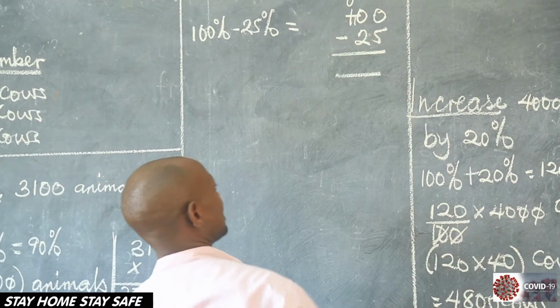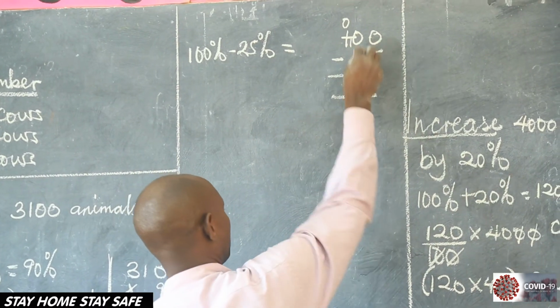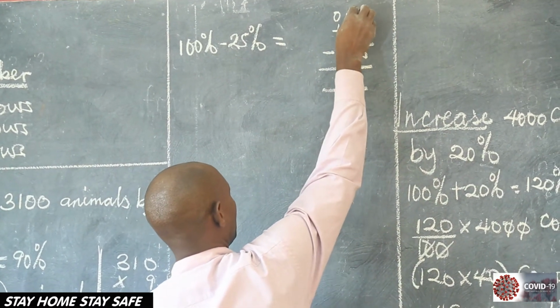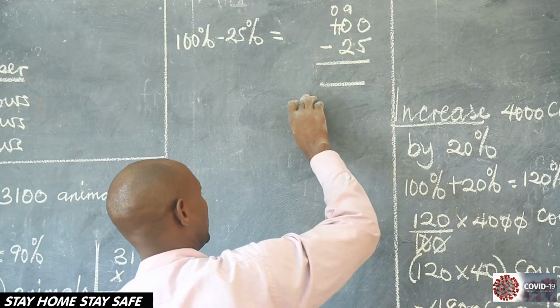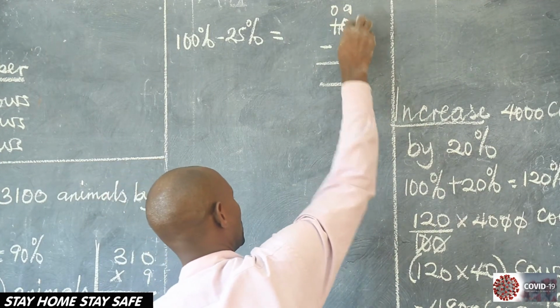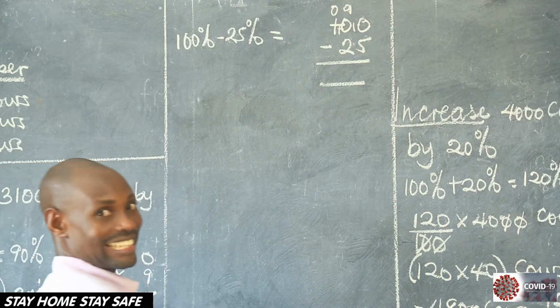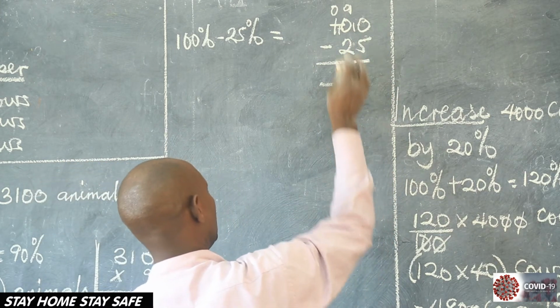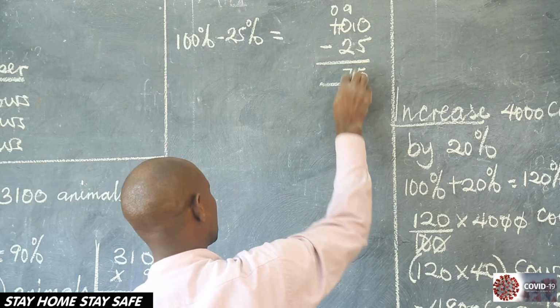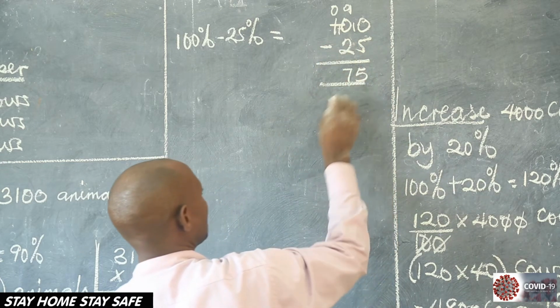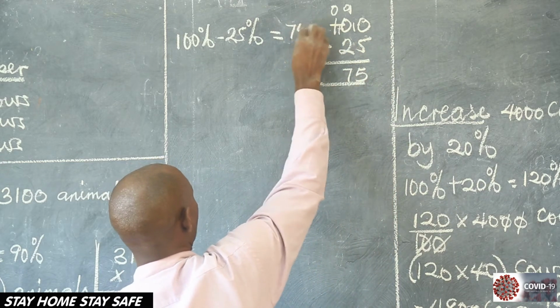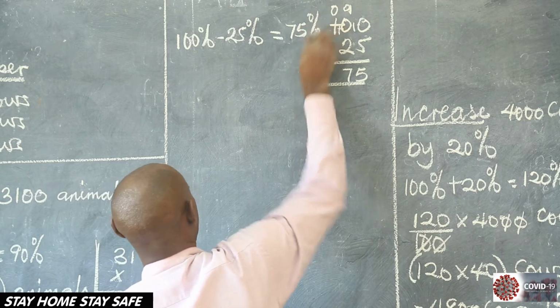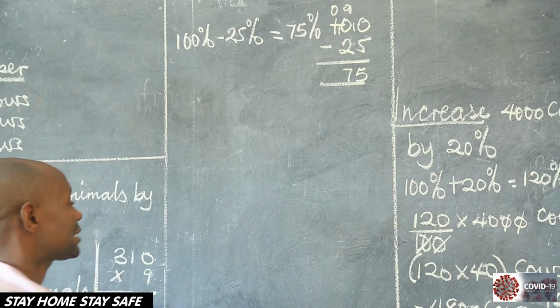This one becomes 10, but remember we have to get 10 from this. We remain with 9. Then the 10 I have borrowed, I put it here. 10 take away 5, we get 5. 9 take away 2, we get 7. 0 take away 0, we get 0. So it means the deducted percentage is 75%.